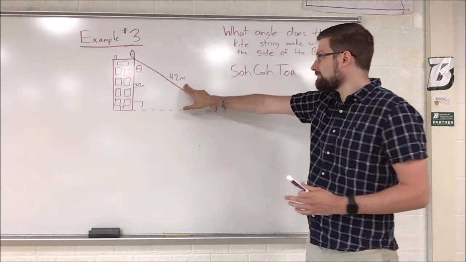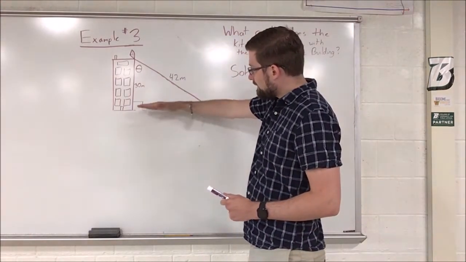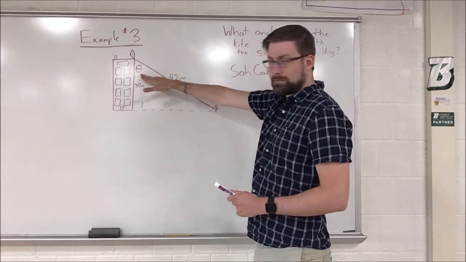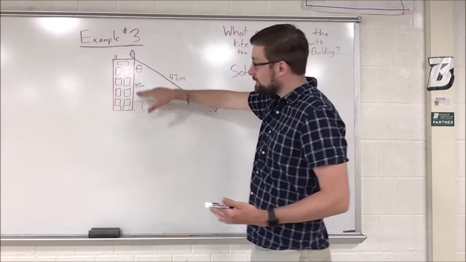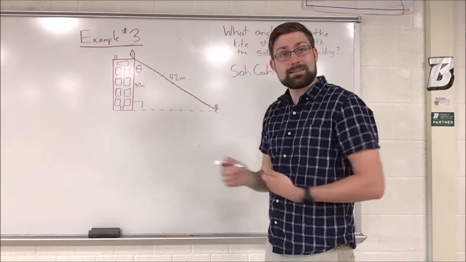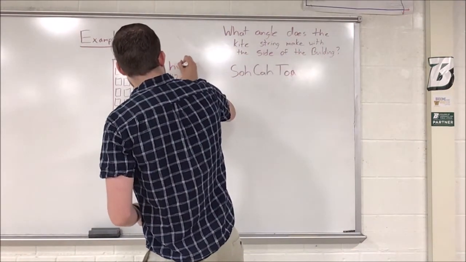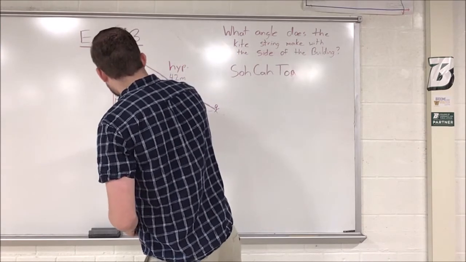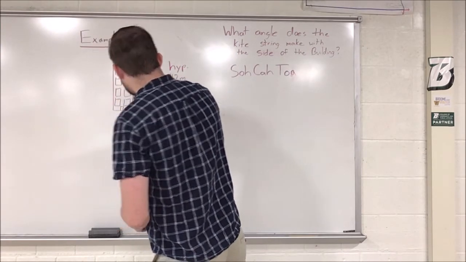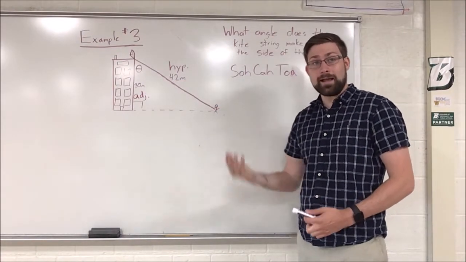So 42 meters. We also have this side. Now this side is not the furthest side away from the angle, so it's not the opposite side. It runs right along the angle, so it's the adjacent side. So this is the hypotenuse, and this is the adjacent side. So we've got hypotenuse and adjacent, and we're solving for an angle.